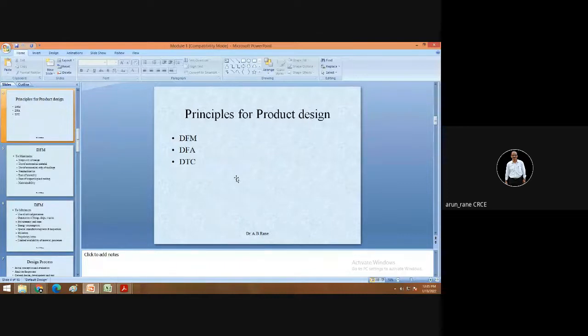Then, what are the principles for product design? That is design for manufacturing, design for assembly, and design to cost. In the short notes in the question paper, it is simply given DFA or DTC. So you should not complain that it is out of syllabus.